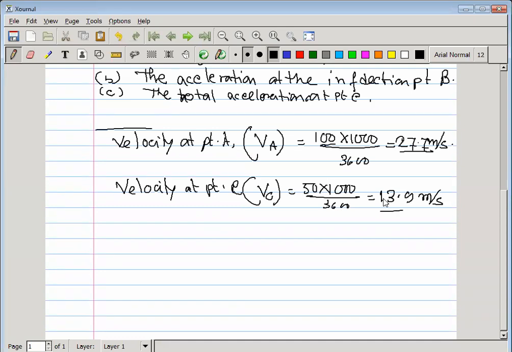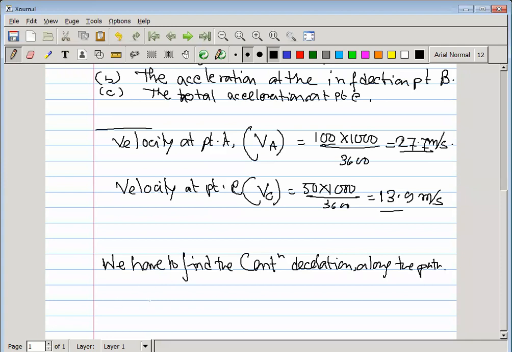Okay. Now we have to find the constant deceleration, because in the question it is said that from point A to C it will produce a constant deceleration. So we have to find the constant deceleration along the path.